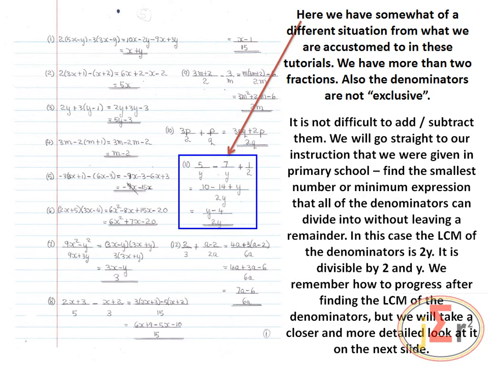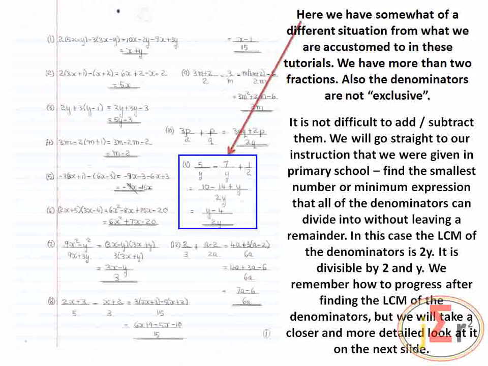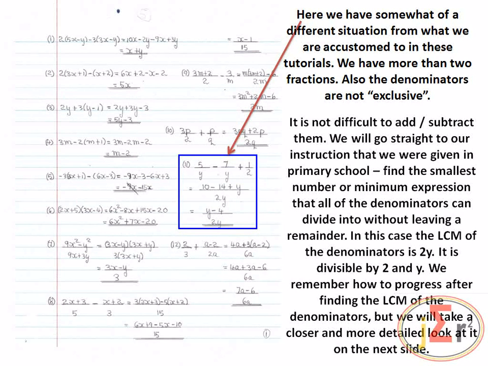We remember how to progress after finding the LCM of the denominators, but we will take a closer and more detailed look at it on the next slide. So we know exactly what to do from primary school, but we will not just do it on the next slide. We will, as a matter of fact, take a very close look at it and work out the details.